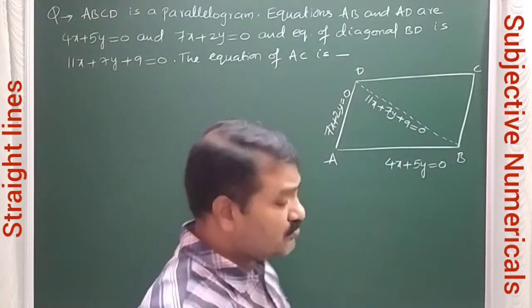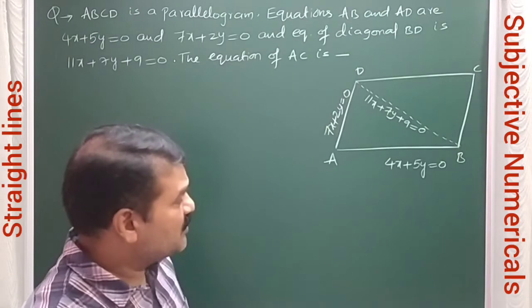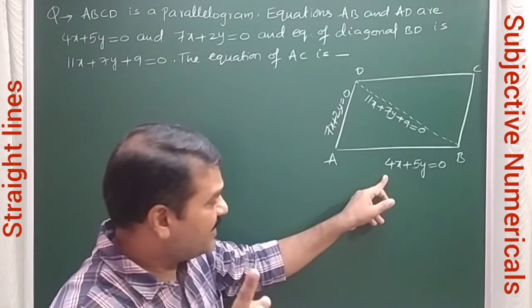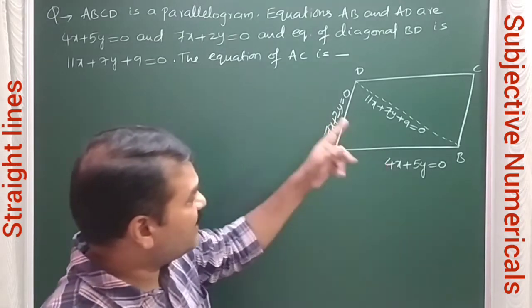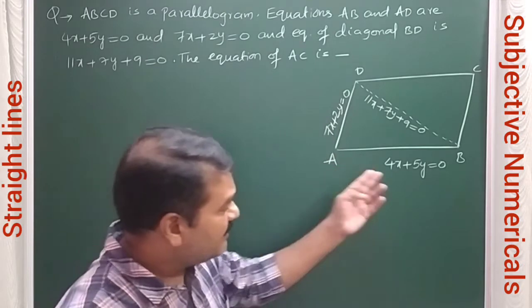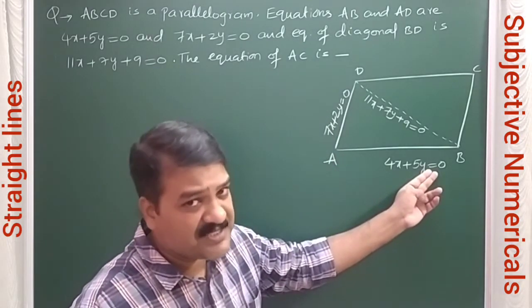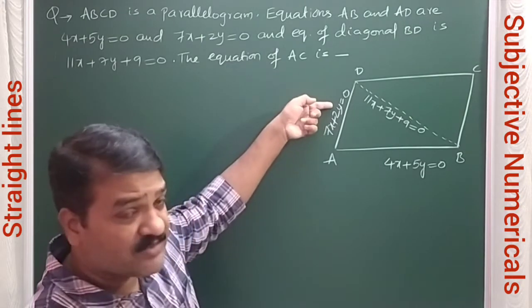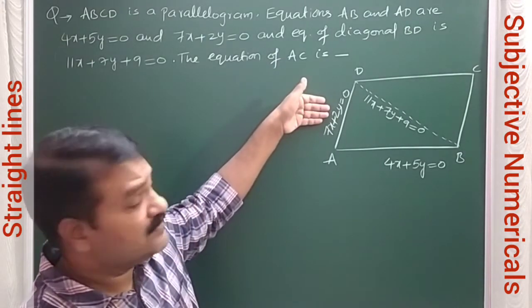So how? First let us see what is the point of intersection of these two lines. Clearly AB as well as AD are passing through the origin, because in AB you don't have a constant term, it is passing through the origin. In AD also you don't have a constant term, so it is also passing through the origin.